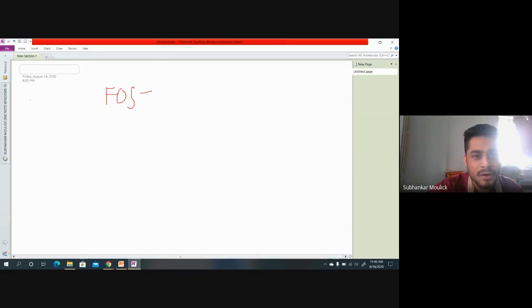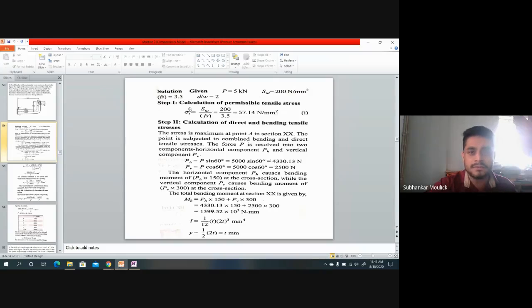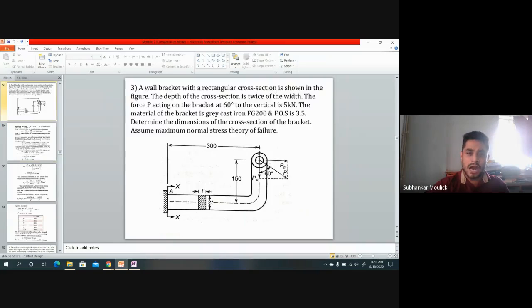We know that factor of safety is how much? It is failure stress divided by permissible stress or allowable stress. So from this equation I can write permissible stress is equal to failure stress by factor of safety. Now in this problem, what is failure stress? Failure stress is nothing but the ultimate strength, because the entire bracket is made up of cast iron, and the grade of cast iron which the designer has used to produce this bracket is FG 200.